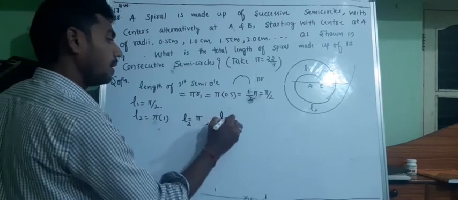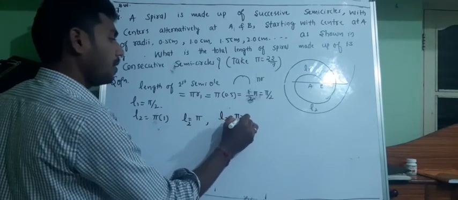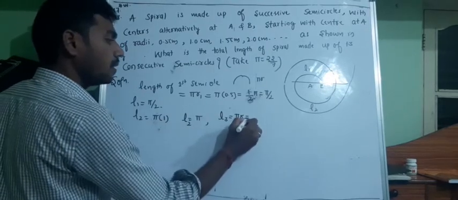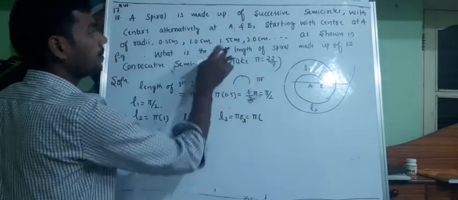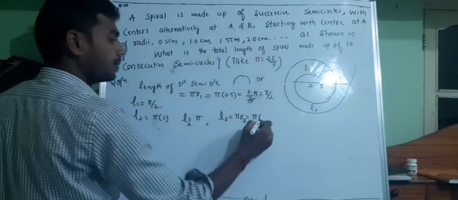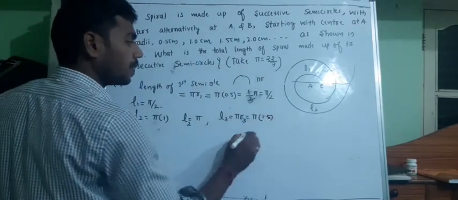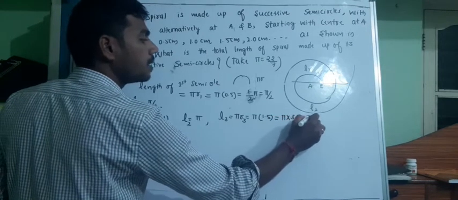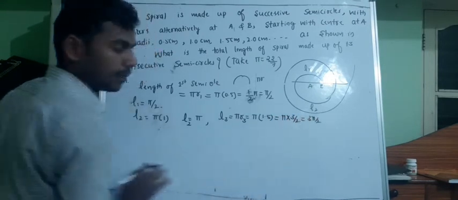Then L3 is equal to pi into r3. What is r3 here? 1.5. So 1.5 can be written as 3 by 2, so 3 pi by 2.